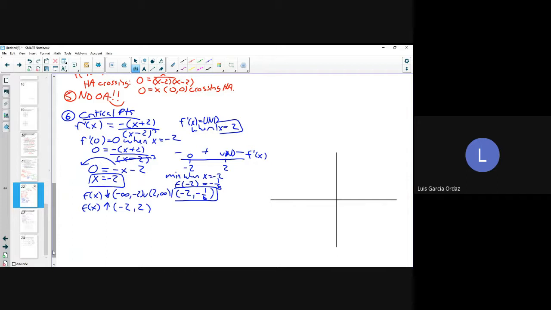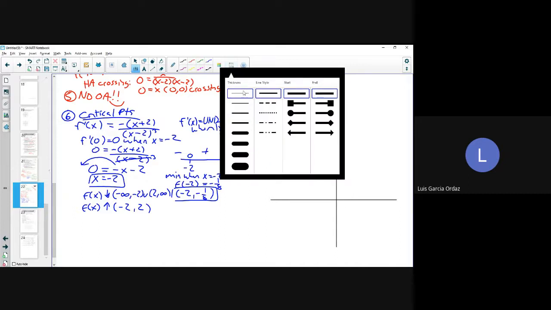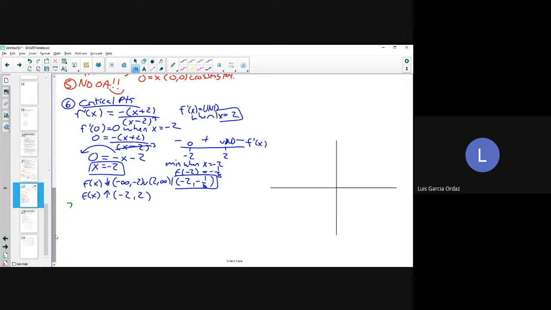And now, last but not least, I gotta figure out my point of inflection. So I'm going to take my double derivative, which is 2 times x plus 4 divided by x minus 2 to the power of 4.